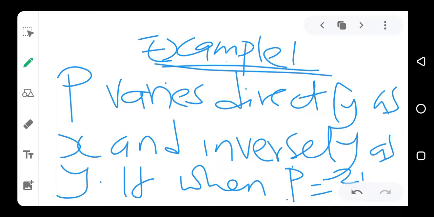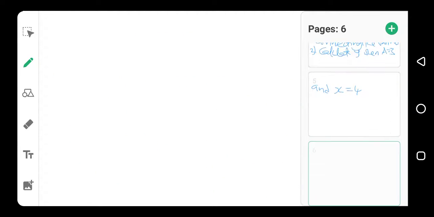When we talked about direct variation, we considered the situation where one variable varies with another variable, just one variable.